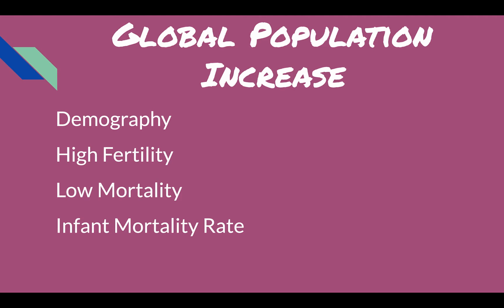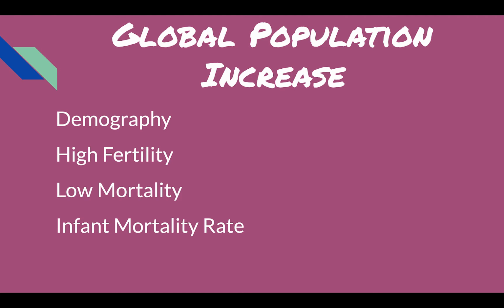So basically trying to understand what has changed, is it growing, is it shrinking, and the general patterns in the population. A couple of the ways that they measure population increases or decreases is through looking at fertility rates and mortality rates, meaning how many people are born is fertility, and how many people die is mortality.